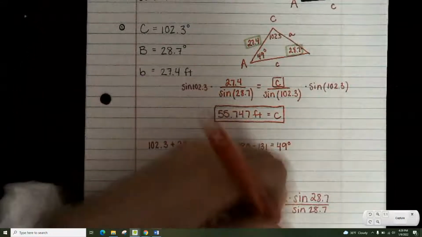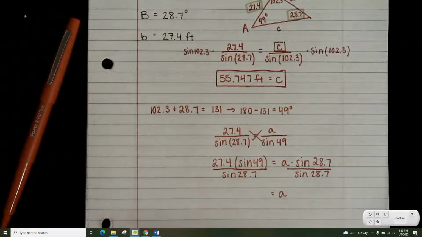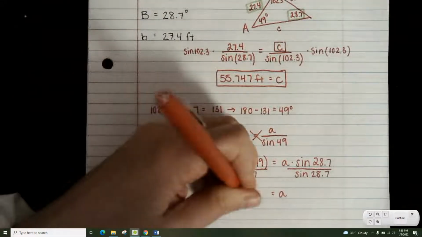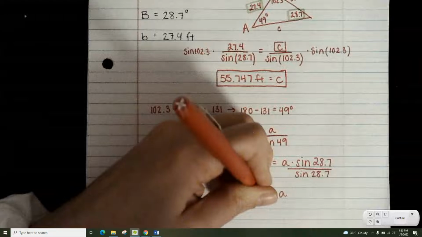So now I'm going to get side length a equal to, and I'm going to do that on my calculator. Sine of 49 equals 0.7547, leaving that in, times 27.4 equals 20.679. And then I'm dividing by sine of 28.7, and I'm getting 43.061.